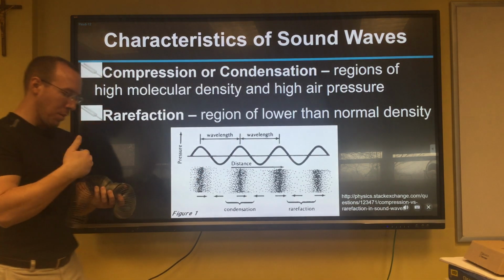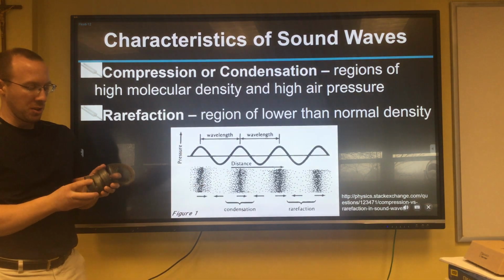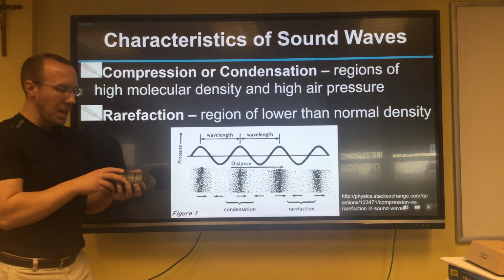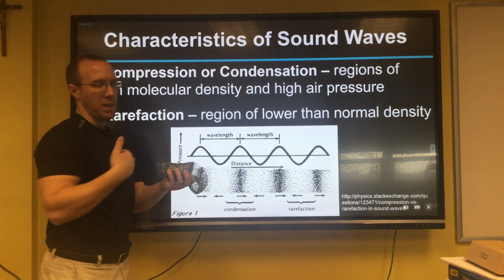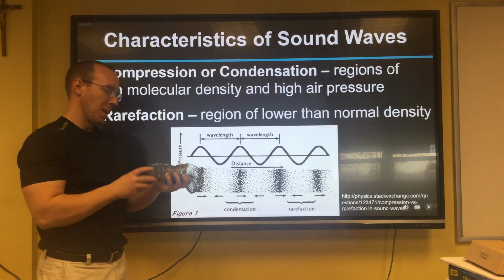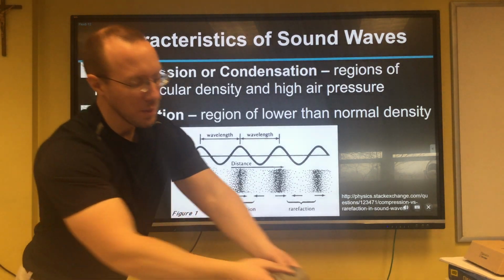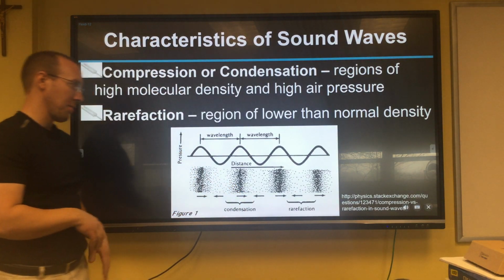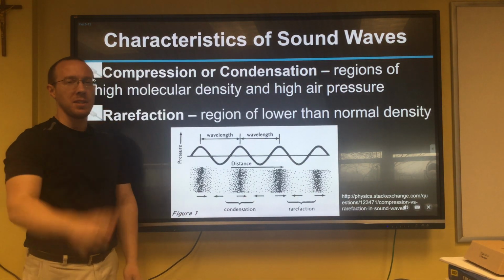You can see that no part of the actual slinky goes all the way to the end. The energy transfers, and the particles of the slinky, the metal, just moves this way. It transfers that energy. But this is a longitudinal wave going like this. We normally just draw it as a transverse wave. Why? It's easier. We always think of waves going like this as just easier.